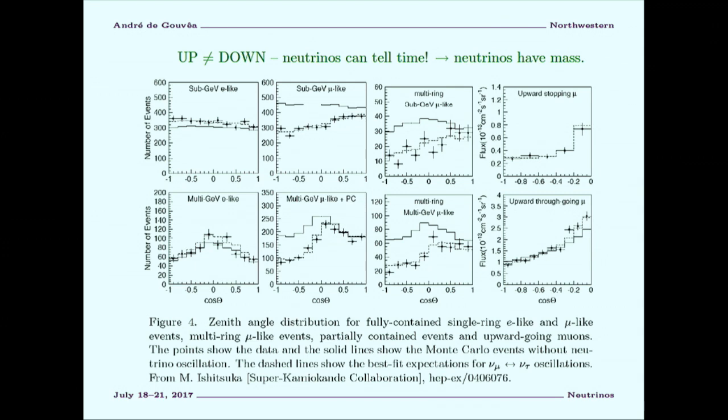Even if you don't understand it very well, you can ask when it starts to change, and that tells you the length where it changes. It's much harder to tell you the amplitude of the effect, because that requires that you understand very well how much you had to begin with. That's a little bit harder. That depends on the Monte Carlo. By the way, the dotted line here is the oscillation fit to these data, which works quite well.